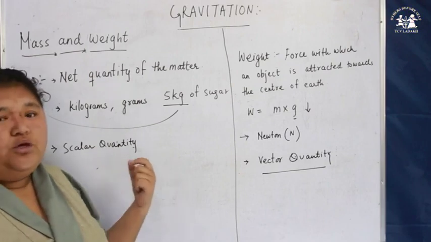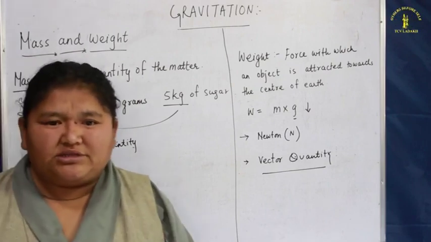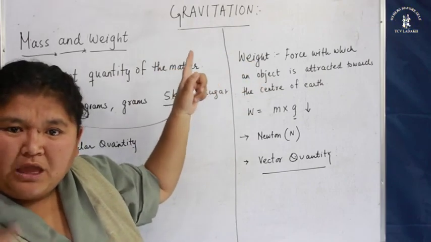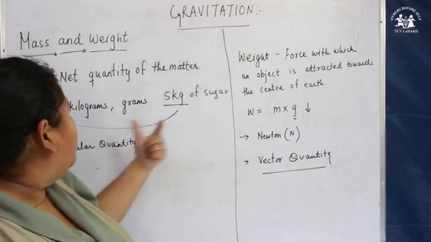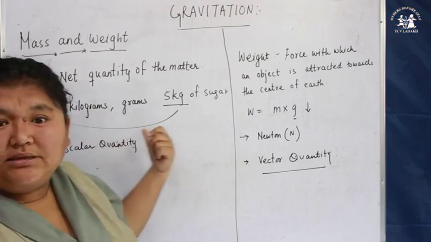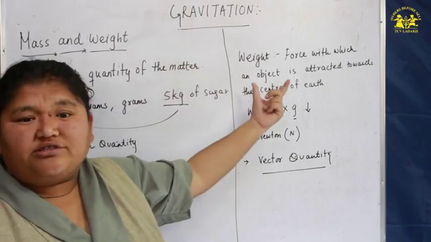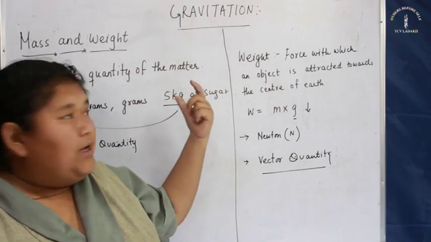Till now we have been using it in the same context. Weight has also been used to describe the mass, or in the same context, right? But they are two different concepts here.